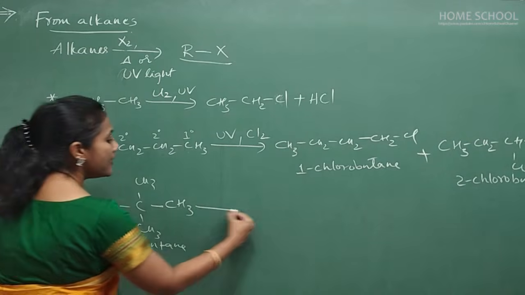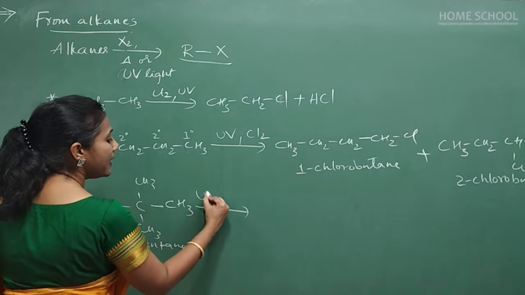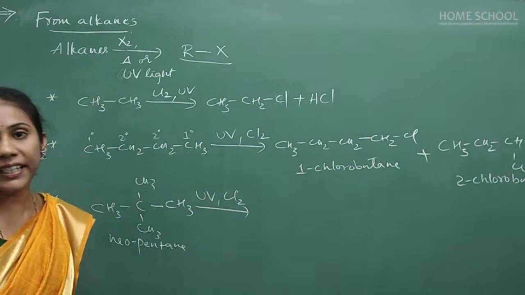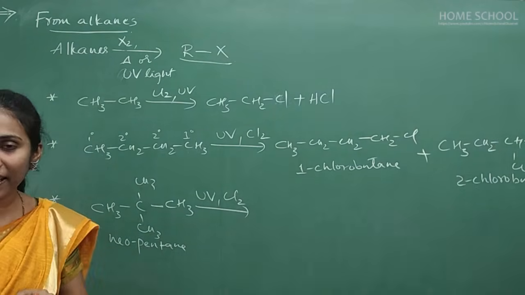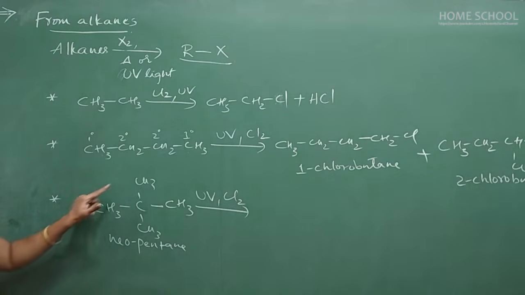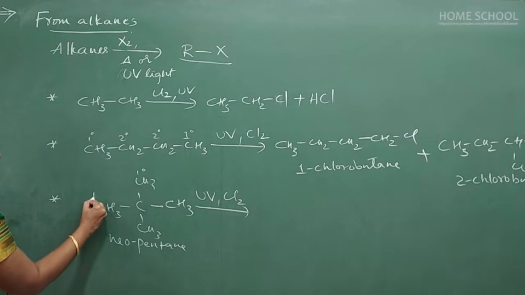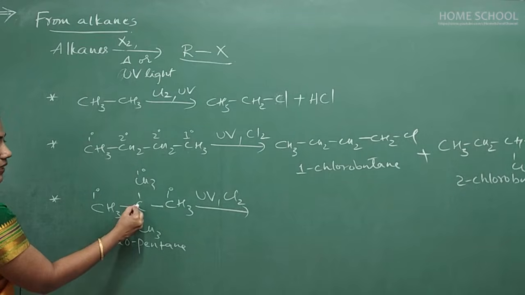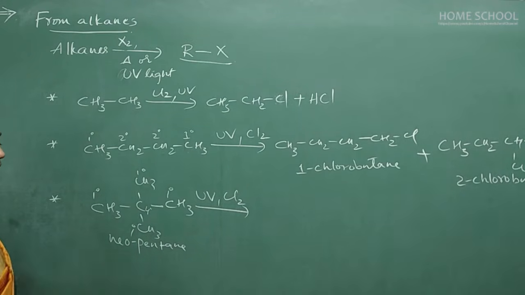If I treat this neopentane with halogen on exposing it to UV radiation, what is the product we get? Look over here. How many types of carbons you have? This is primary, this carbon is primary, this carbon is primary, this carbon is also primary. But what about this carbon? It is actually a quaternary carbon, right?